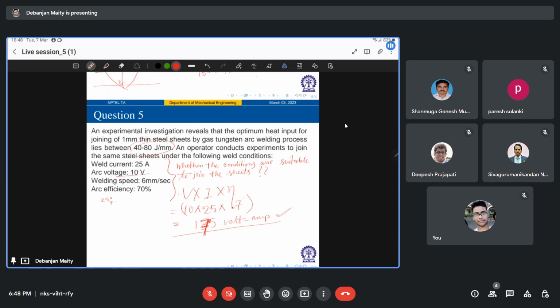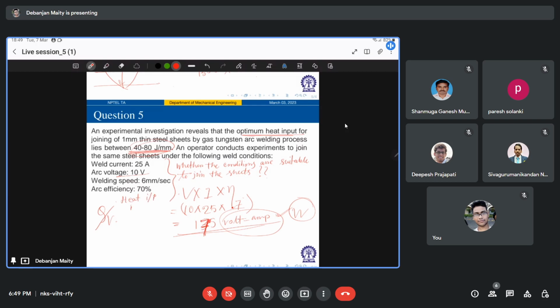Yeah, 175. So if your total power is coming as 175 volt ampere, and you have this optimum heat input which can lie in between 40 to 80, can we somehow convert this total power to something called heat input per unit length?